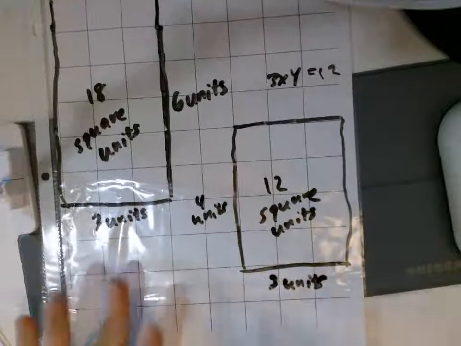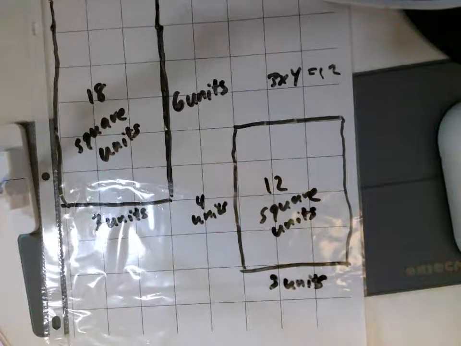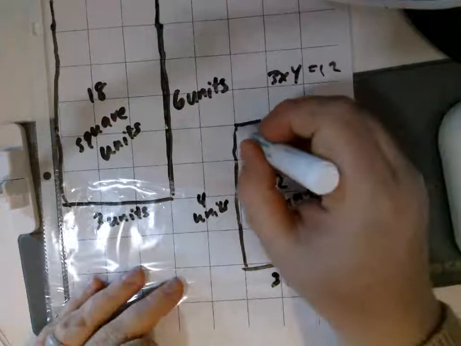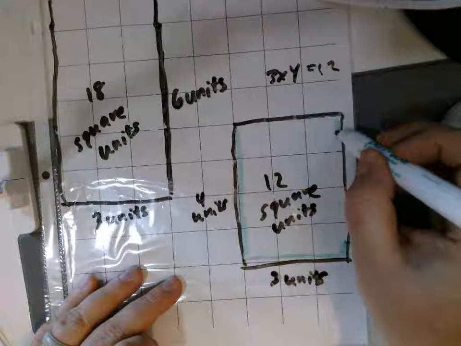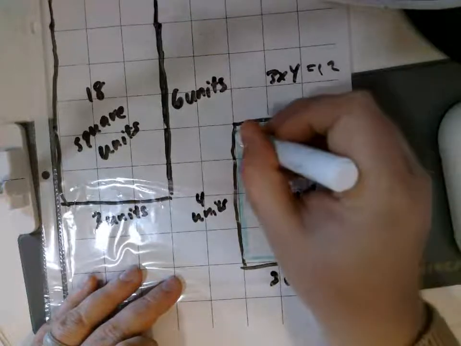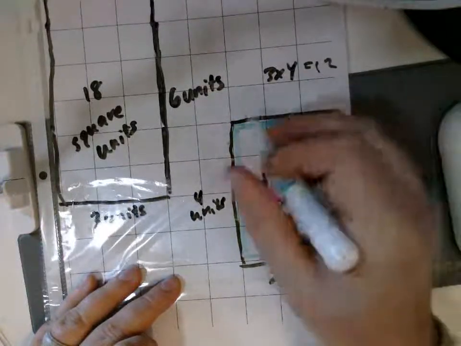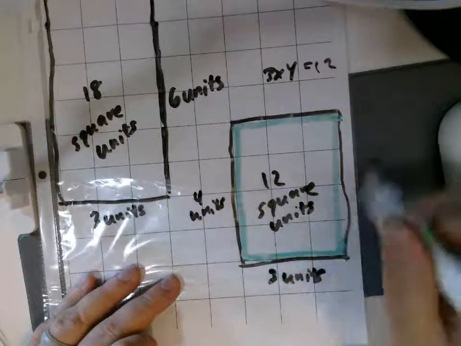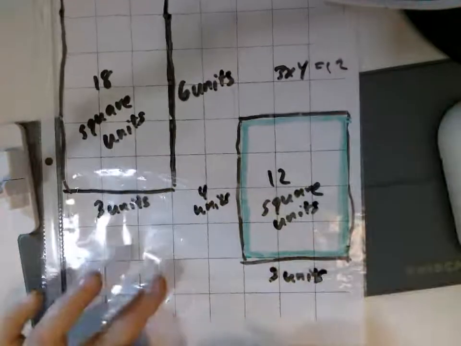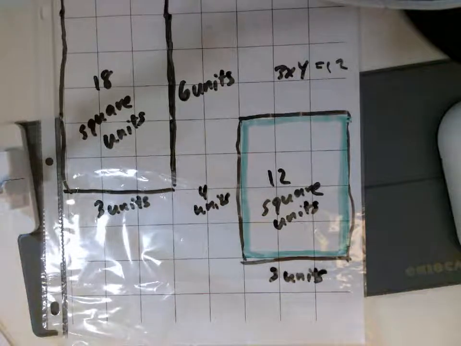And we talked about how we have a whole. Okay, so I'll even outline this even more in green. This whole square is what we call the whole. Okay, maybe it's a pizza. Maybe it's a pie or a candy bar, right? And things that have a whole can be broken up, okay?